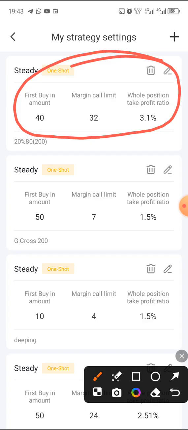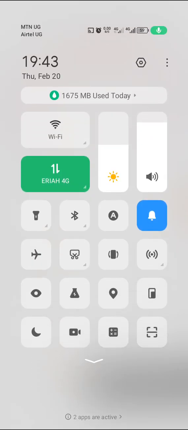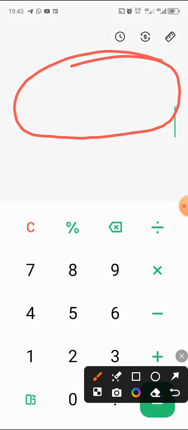That was example number 1 with people trading with $200 and above. So briefly, let's go to the calculations of people using $100 and below. Okay, come open our calculator.